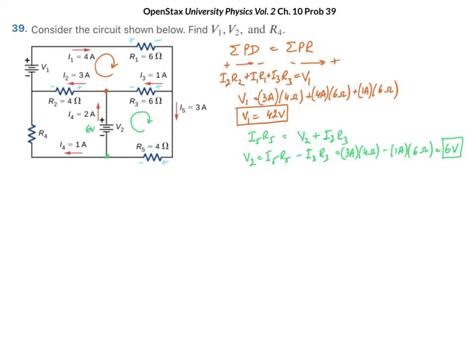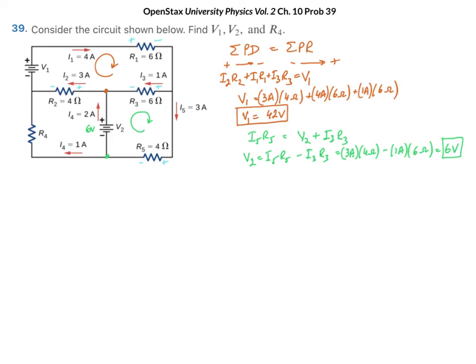And now I'm looking for this resistance, so I can use this loop and write the sum of the potential drops and sum of the potential rises to figure out what the resistance is. So before I do that, I still have to label my pluses and minuses. So going with I4 through R4 from bottom to top, this will be the higher potential, that's going to be the lower potential.